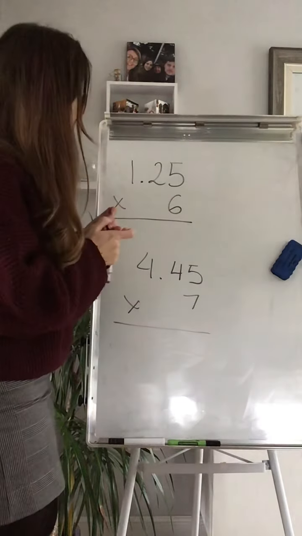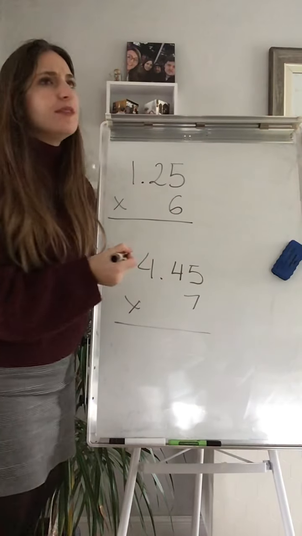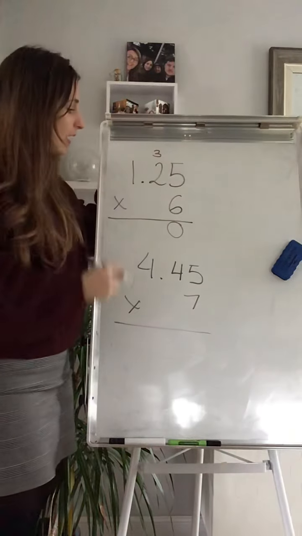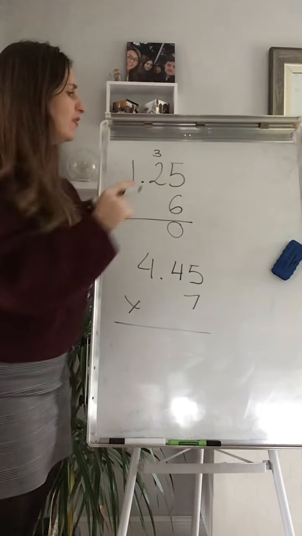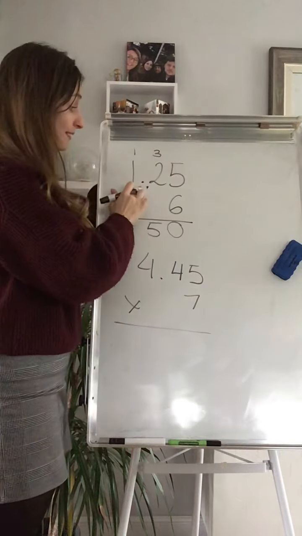Right, let's look at the first one. 6 times 5 is 30. 6 times 2 is 12, add 3 is 15.